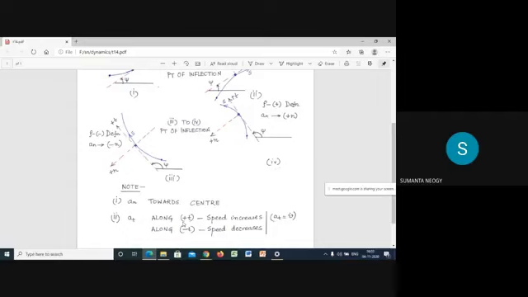In the direction in which the particle moves. So, if you see that speed of the particle is increasing in the positive direction of t, we call a_t as positive. So, if speed increases along plus t, then we say a_t is positive.